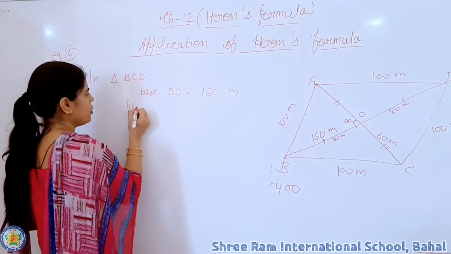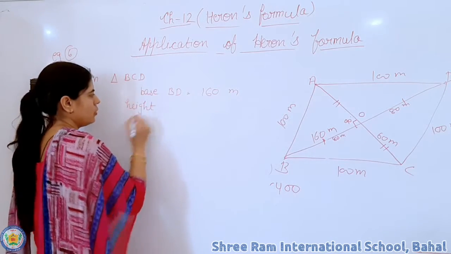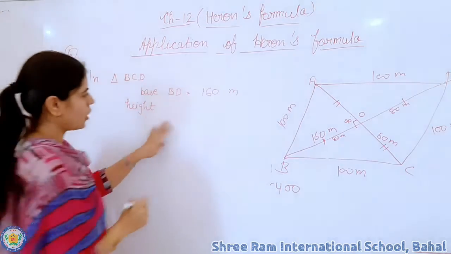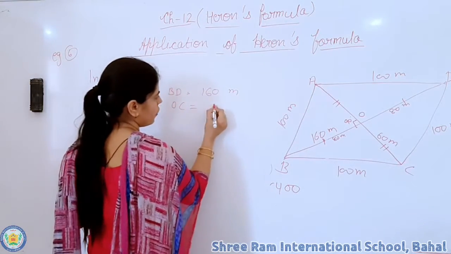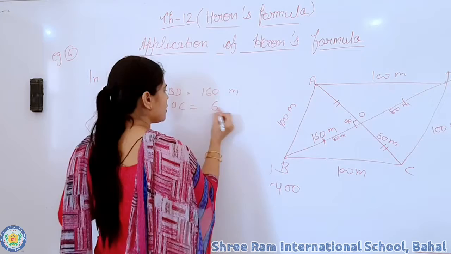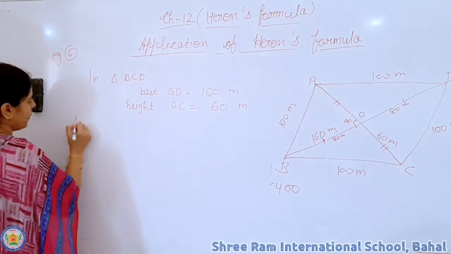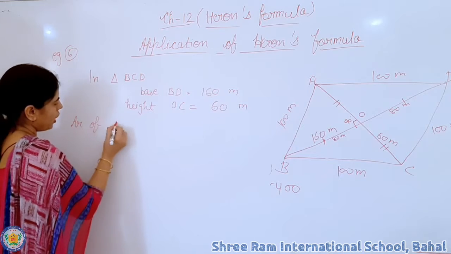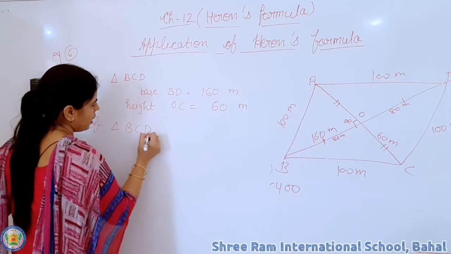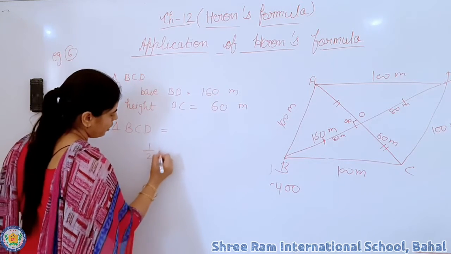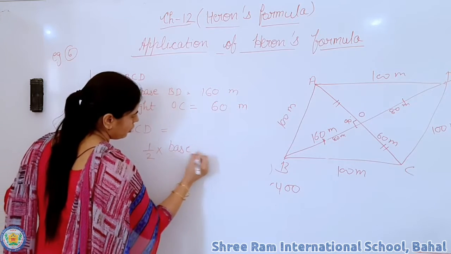Also we have the height. What is the height? OC, which is equal to 60 meter. Now the area of triangle BCD is equal to 1/2 base into height.